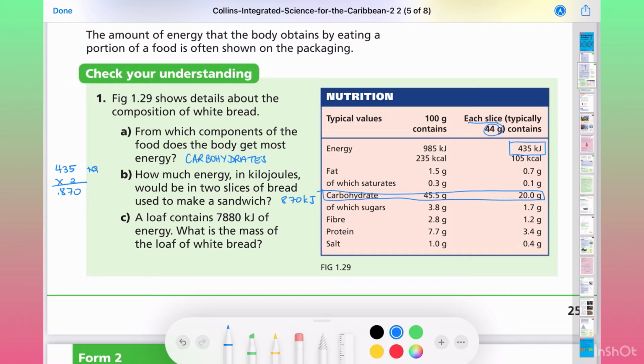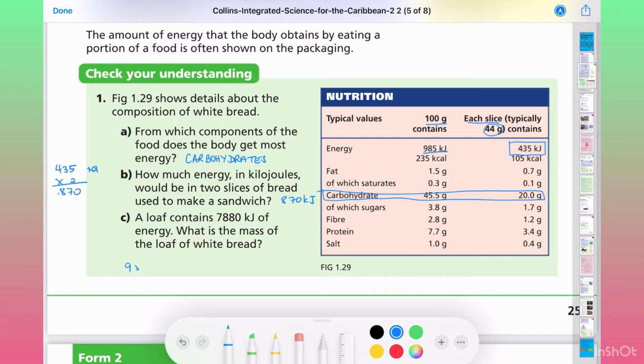And the last part, a loaf contains 7,880 kilojoules of energy. What is the mass of the loaf of white bread? So if we know 100 grams is going to be equal to that amount of kilojoules, we can create an equation.